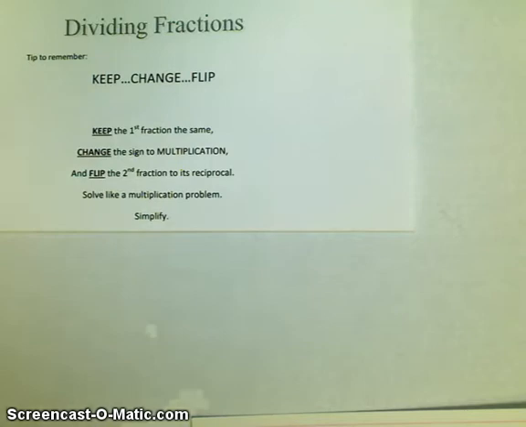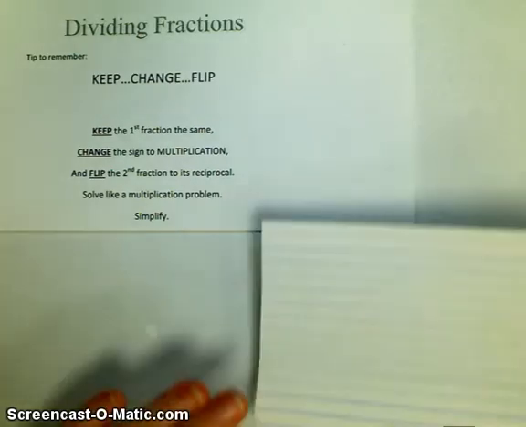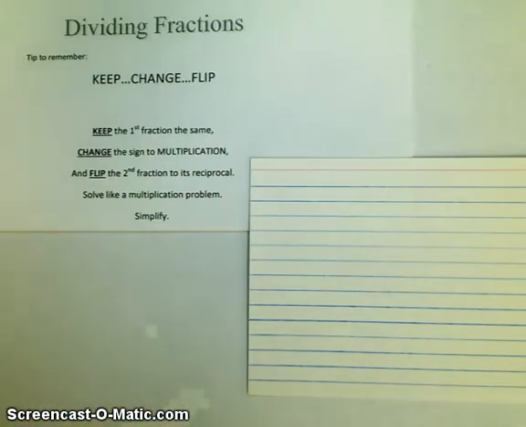So I've told the kids they have to make sure they look at the sign of operations, and if it's not division, don't look at these notes at all. Use the other notes that I've given them on multiplying fractions, because that is what this is for. If you look at our notes, it says the tips to remember are 3 key words: keep, change, and flip. The reason why we use keep, change, and flip is because dividing fractions can get very complicated and convoluted.